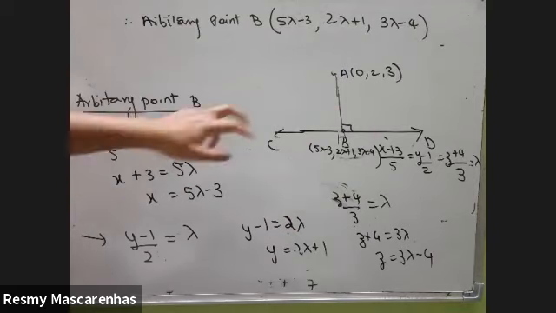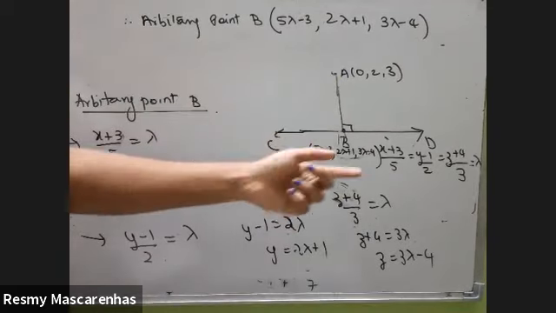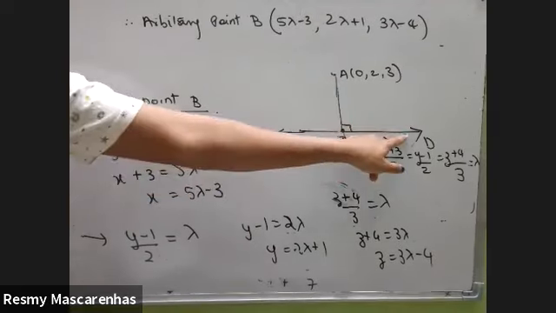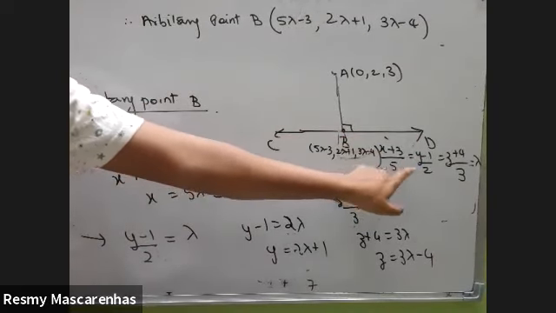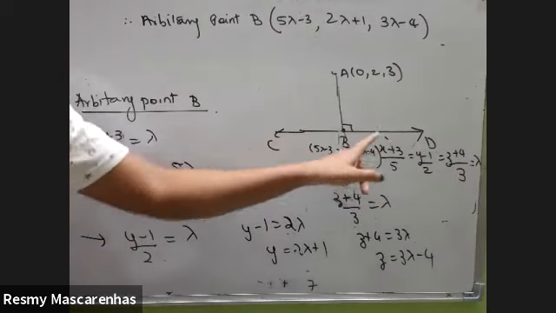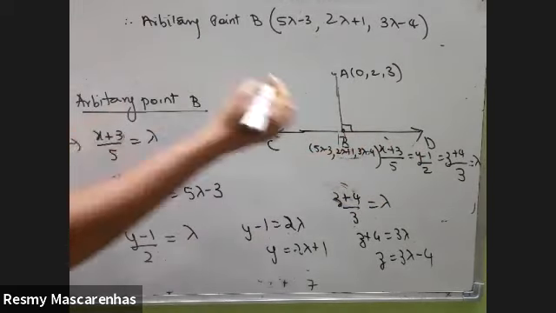Now my next step is to find the direction. I know the direction ratios of line CD. Direction ratios of line CD will be here: 5, 2, 3.